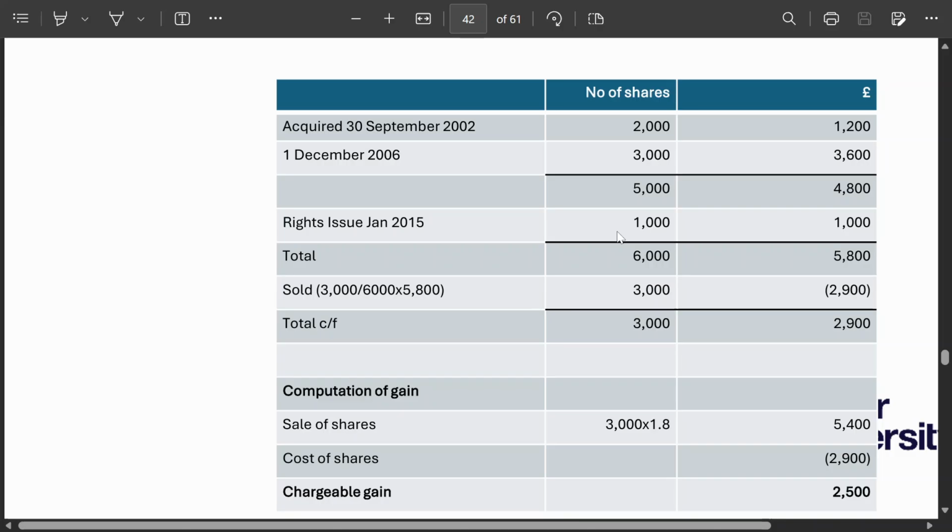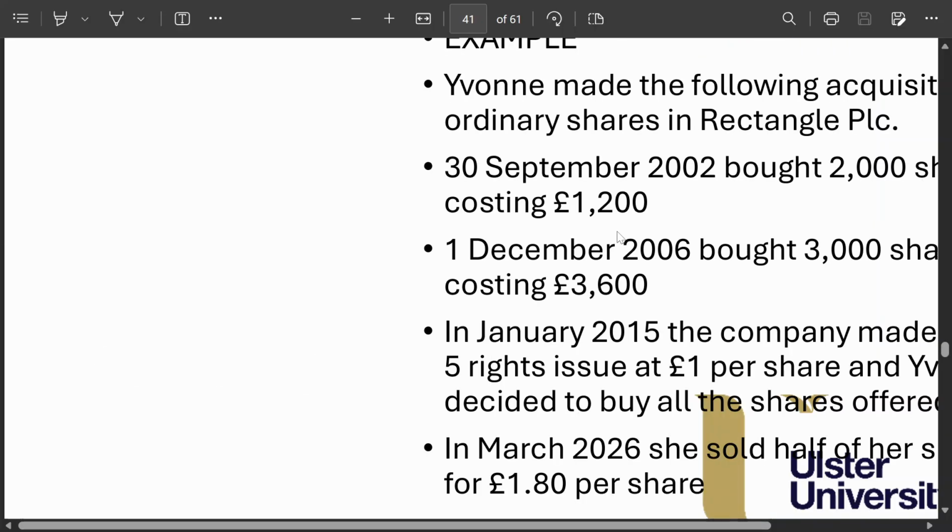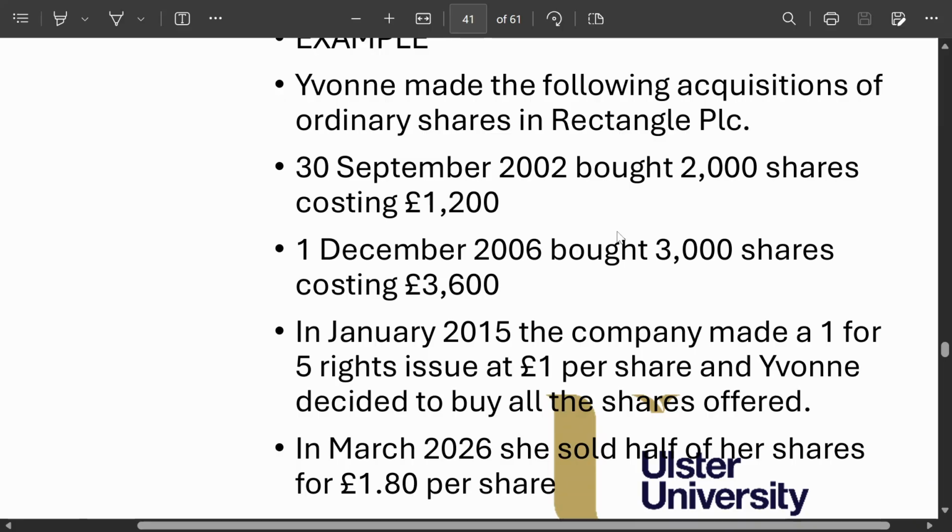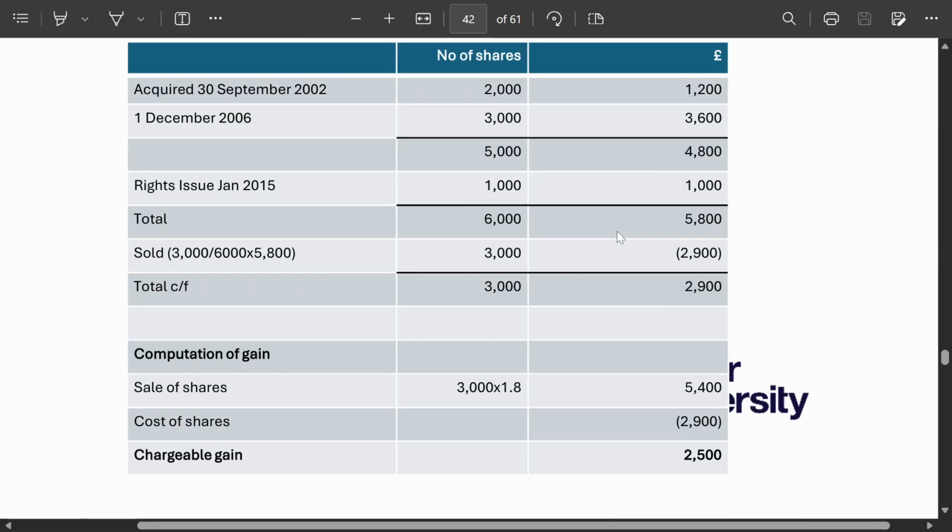That means for every 5 shares you're holding, you will get 1 right to buy an additional share at a discounted price. I think the rights issue is at £1 per share, so that's why we write the £1 per share. The acquisition cost of the rights issue block is 1,000 shares at a cost of 1,000. So now your share pool becomes 6,000 shares at a cost of 5.8.